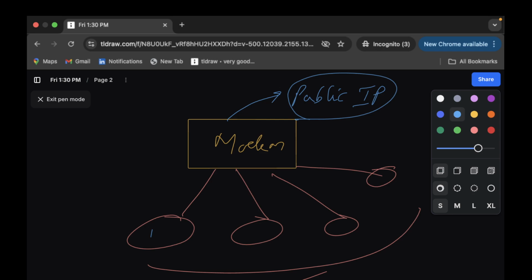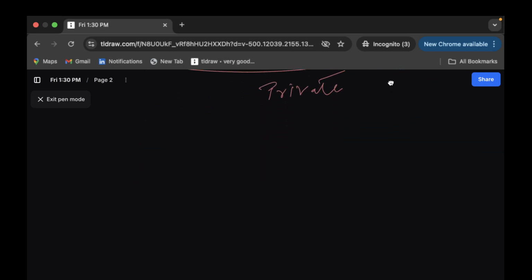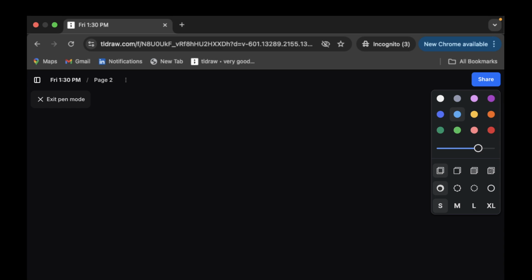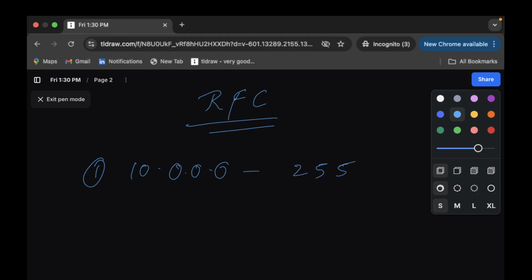These addresses have been reserved. There are three main private IP ranges, which RFC has fixed. The first range is from 10.0.0.0 to 10.255.255.255.